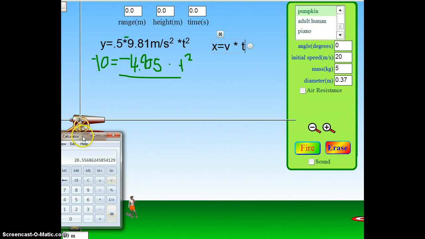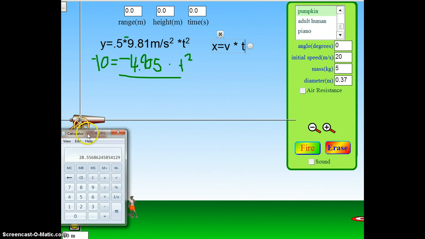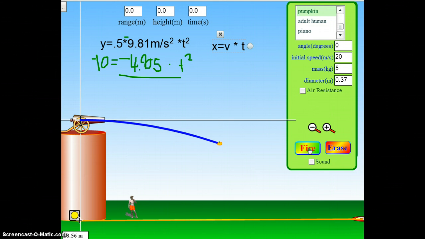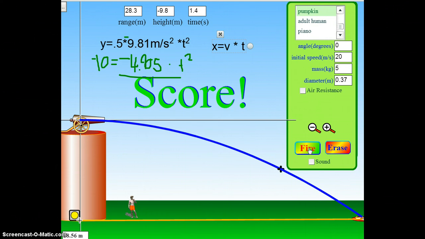And I got 28.55 as my predicted value. If I get my tape measure here and measure this out to be 28.55-ish, and I fire, let's see if I hit the target. Score, we did it. We hit the target. Excellent. Good practice number 1.